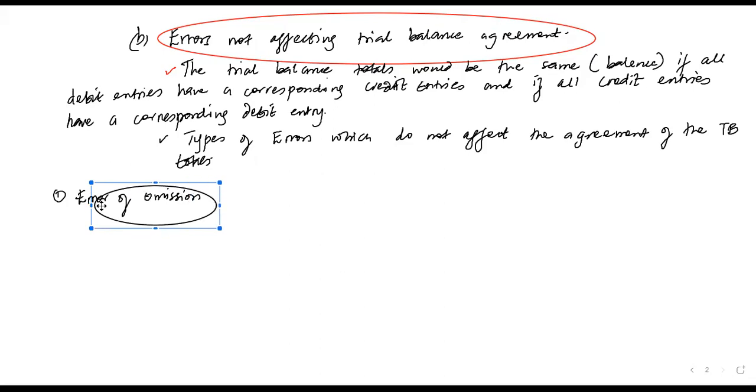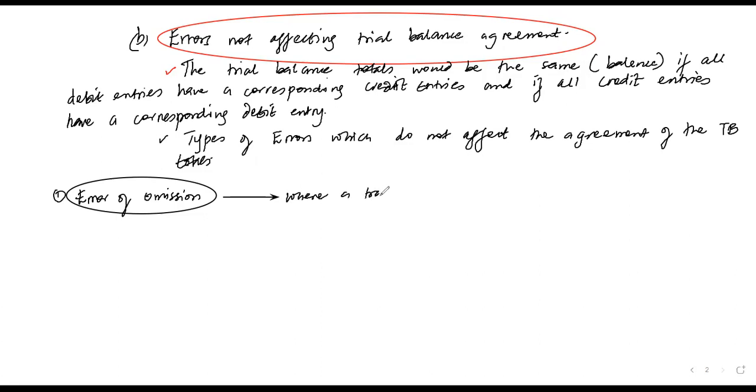Error of omission is where a transaction is completely omitted from the books of accounts.